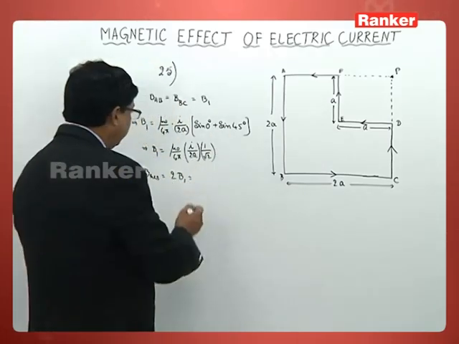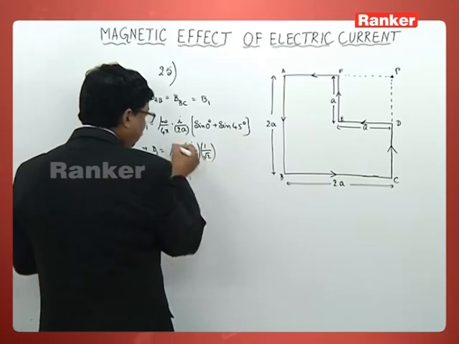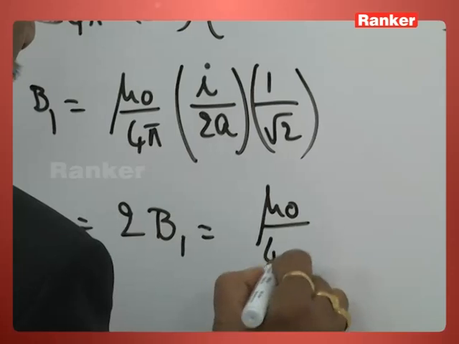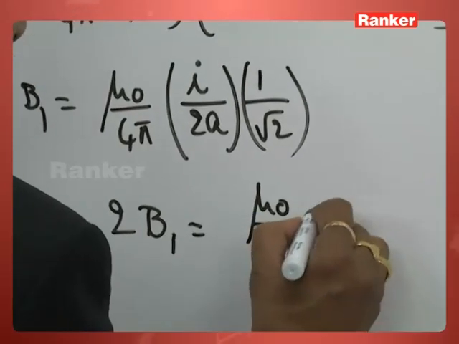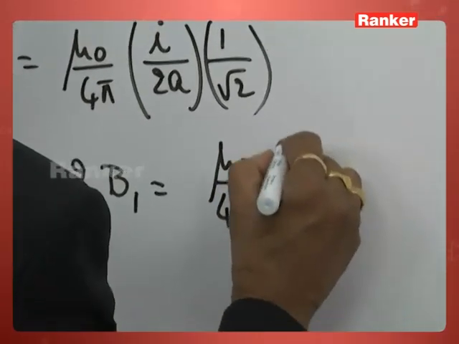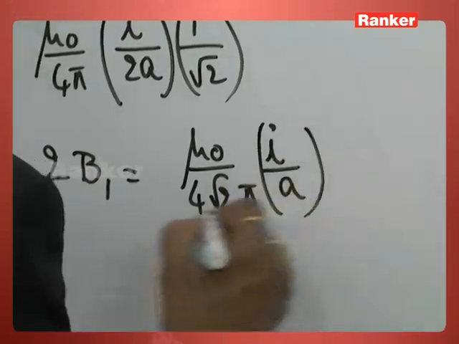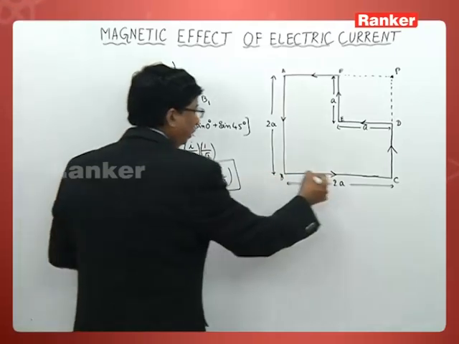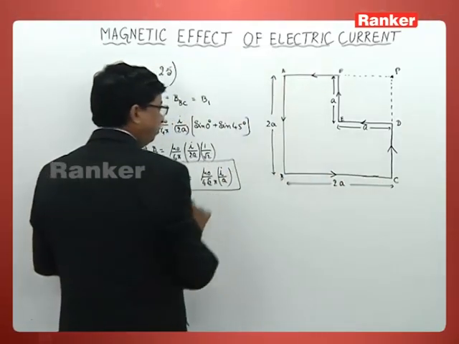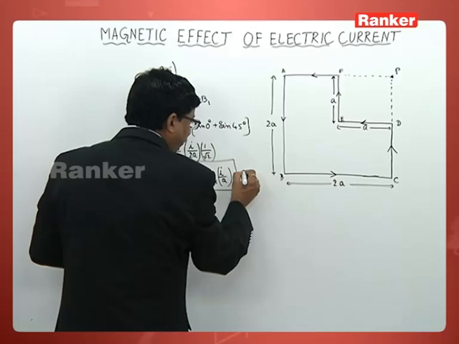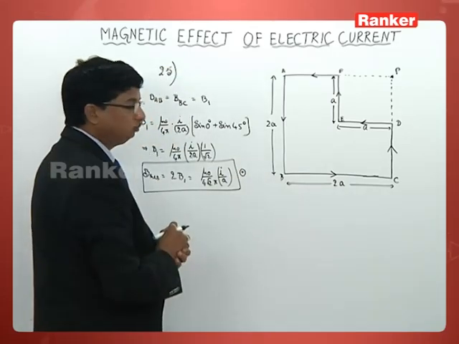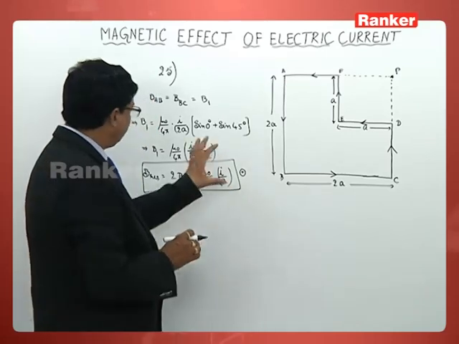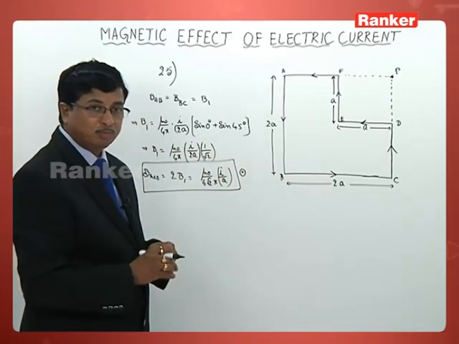So what is it you are getting now? 2 times. Now, 2 gets cancelled. You are left with mu naught by 4 root 2 pi into I by A. That is one resultant due to BC and AB. What is the direction now? Outside. Direction of magnetic field is outside. So, that is one point you have to understand.